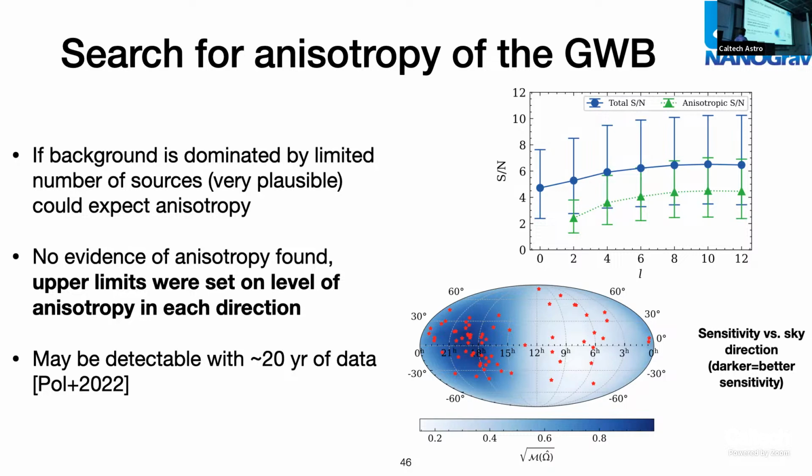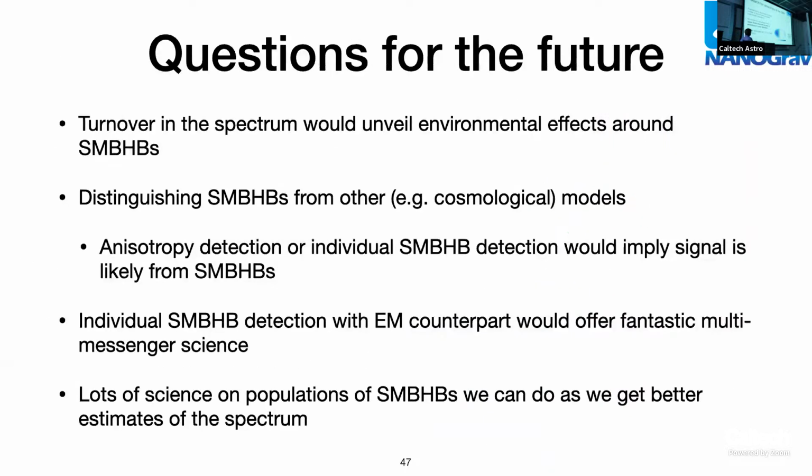So no evidence of anisotropy was found, and so upper limits were set on the level of anisotropy in each direction. But there's some hope that this might be detectable with, say, 20 years of data. And there's a nice paper by Nihan Pol that goes through this and forecasts when you might expect a detection of anisotropies. So I'm going to end by talking about looking towards the future, right?